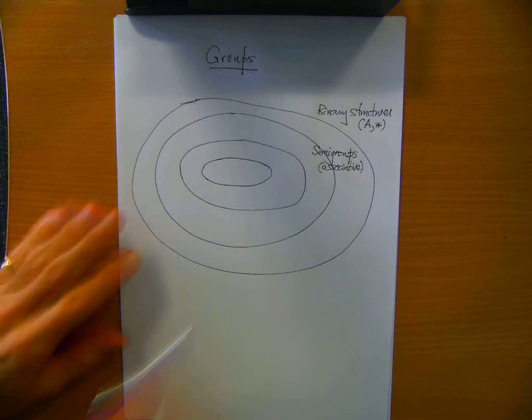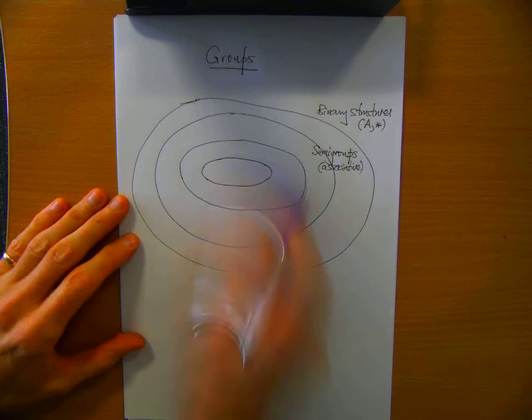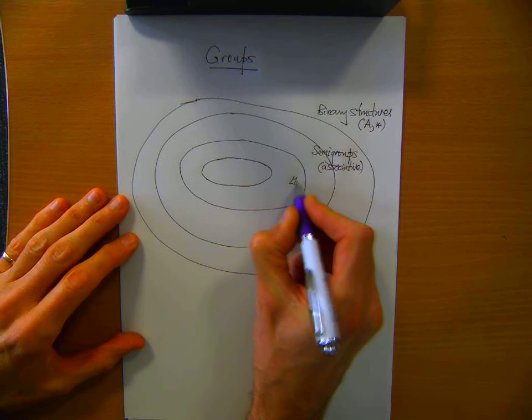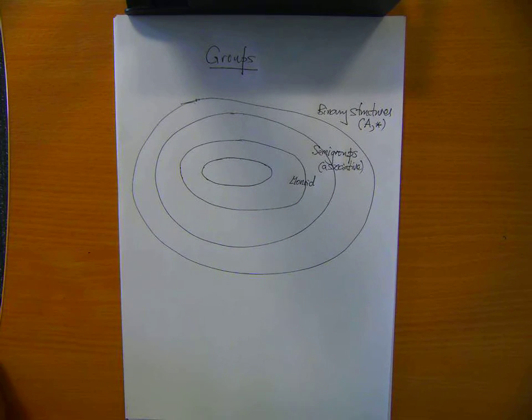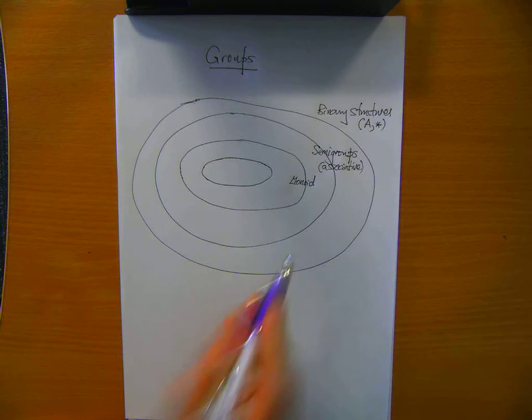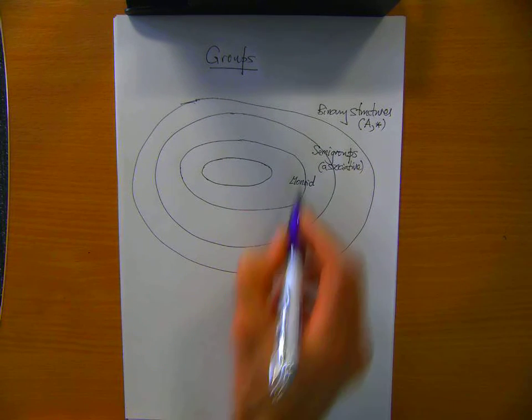Now the next specialization, and this is a word that we will use from time to time, is the idea of a monoid. I will write down a proper definition of monoid later this lecture.